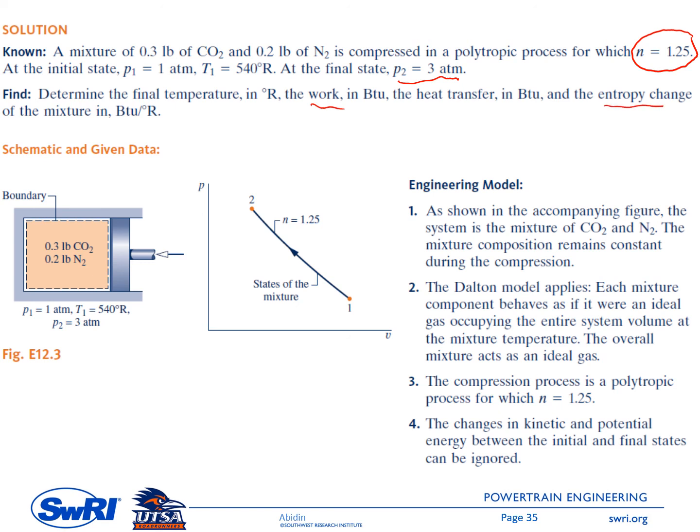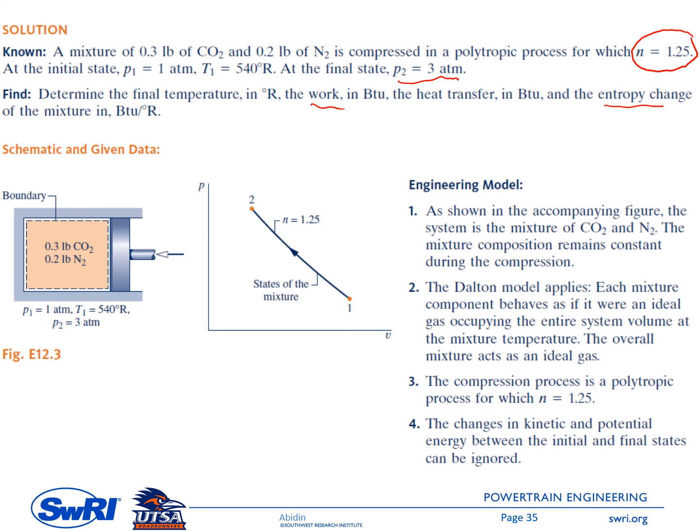On the left side is the schematic of the system. This is a closed system, and the dashed line there shows the boundary of the system. It is a binary mixture with two components, CO2 and N2. P1 and T1 are given, and P2 is also given.